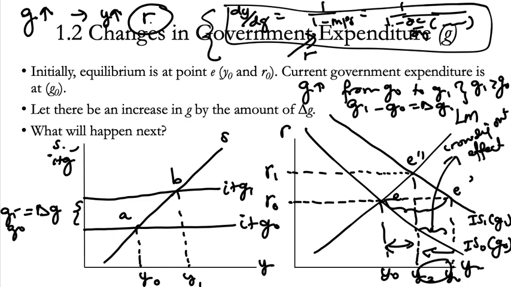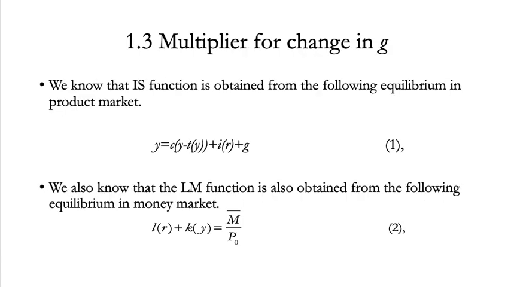So in order to get the multiplier for the change in government spending, we need to go through the mathematical process, the derivation and whatnot. Because we want to incorporate the interest rate as well, we need to incorporate the IS function, in which investment, a component of IS, is a function of the interest rate. Otherwise, you don't have the interest rate in your multiplier.